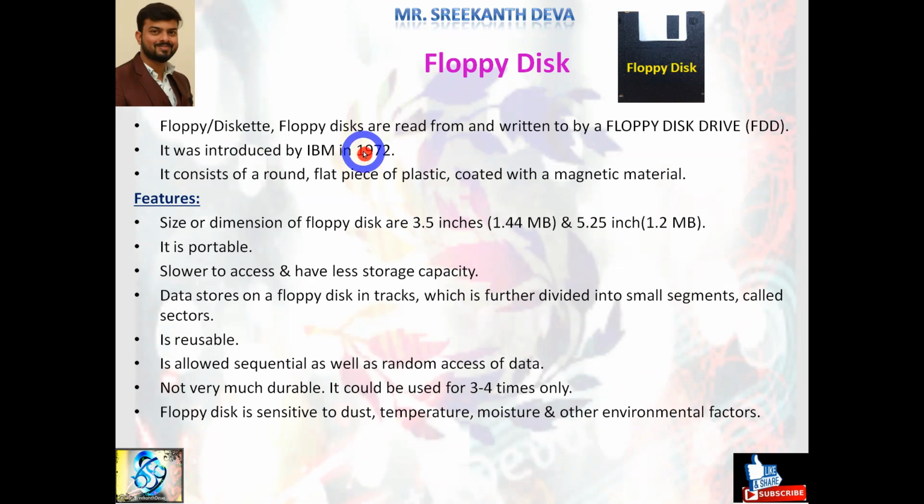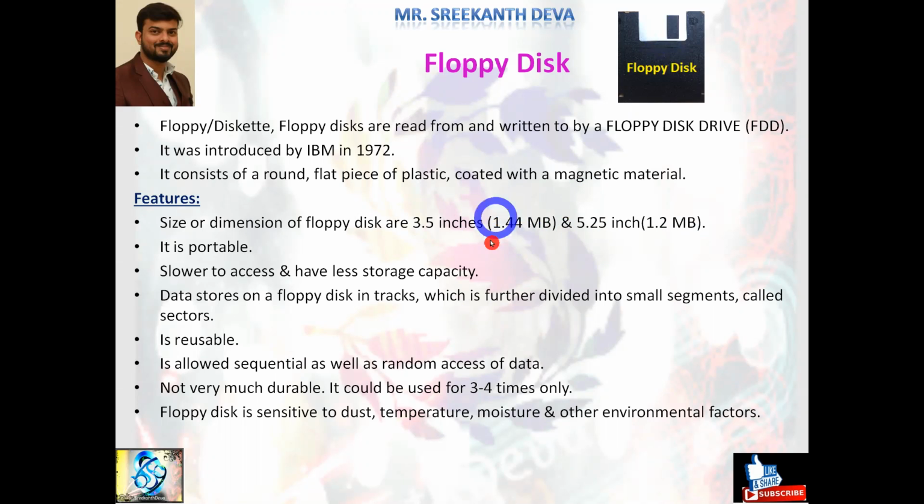The floppy disk was introduced by IBM in 1972. A floppy disk basically consists of a round flat piece of plastic coated with a magnetic material. Several characteristics of floppy disk: the two principal sizes are 3.5 inch and 5.25 inch.